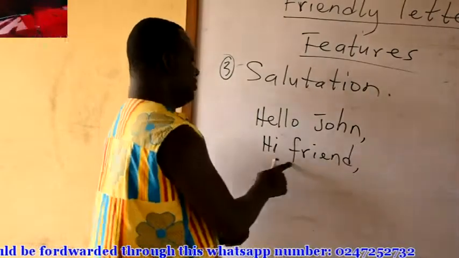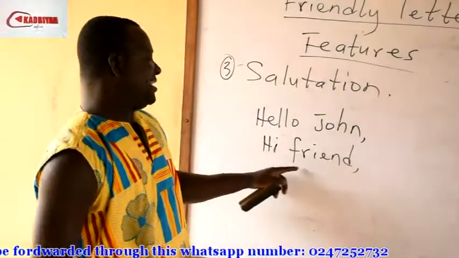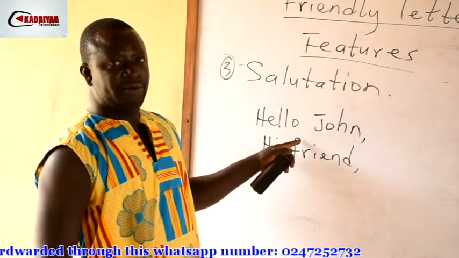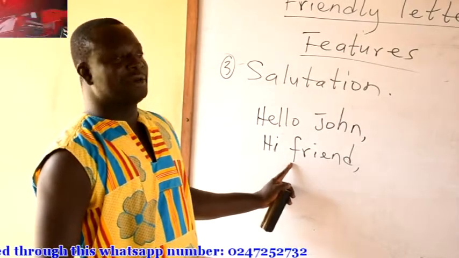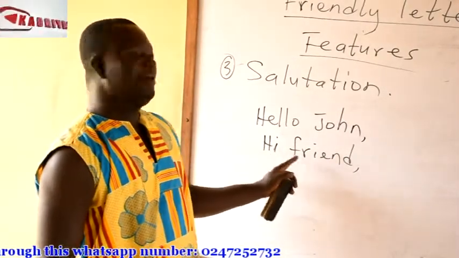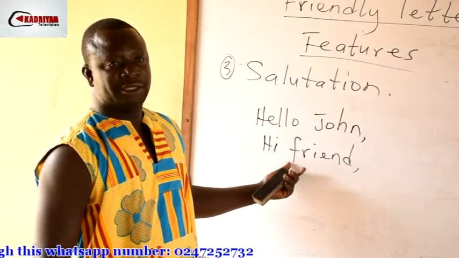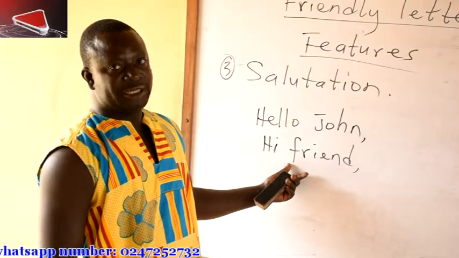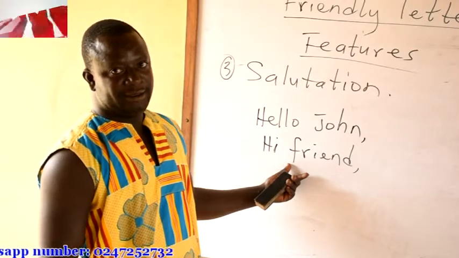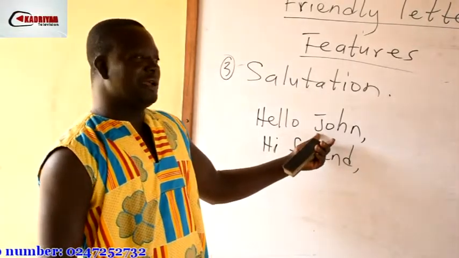Look at this place well. When you are writing friend, don't bring a capital F here. It might be a small letter. But if you are writing somebody's name, Hi, Kofi, make sure you start with a capital K, because Kofi is a proper noun. Like this one, Hello, John.